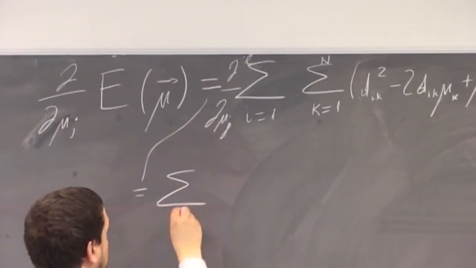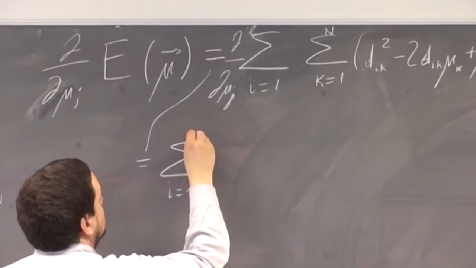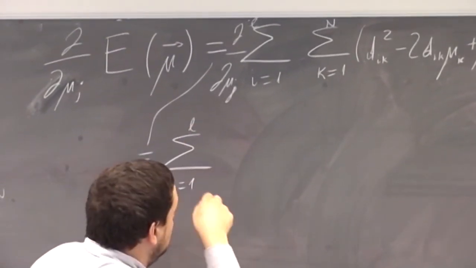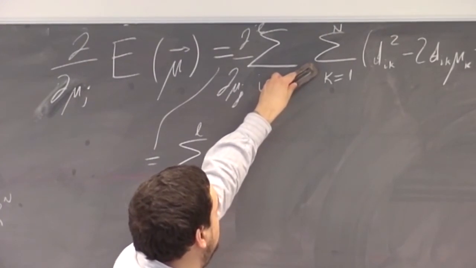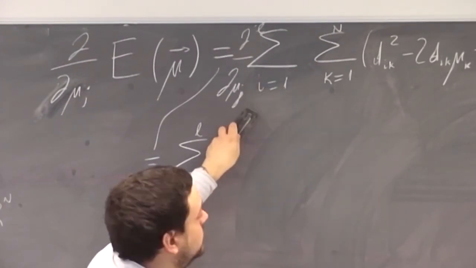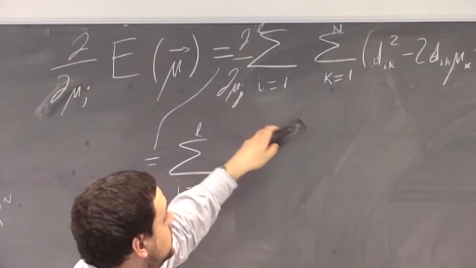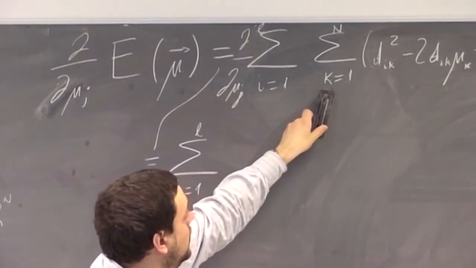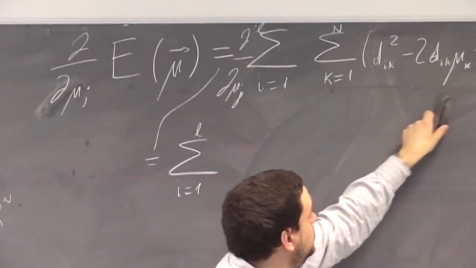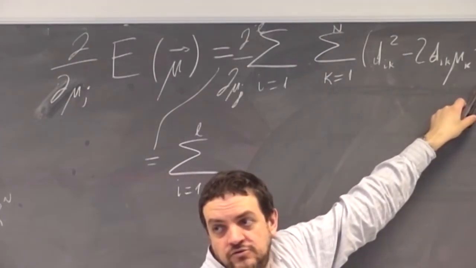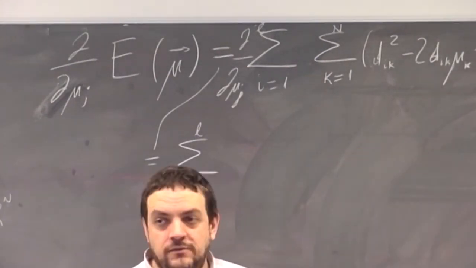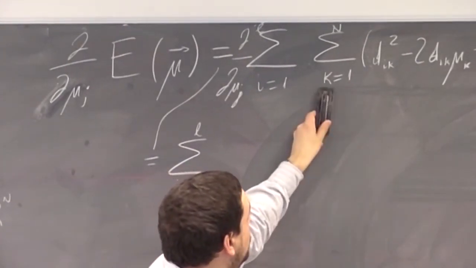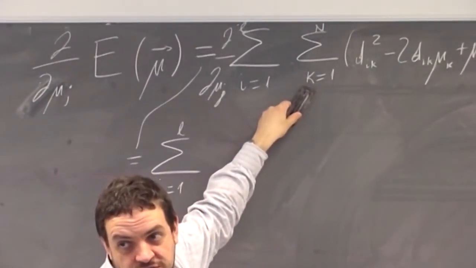the derivative is the sum for i going from 1 to L. Here we have a derivative with respect to mu_j. So all elements that do not contain mu_j contribute 0 to the derivative. The only element that does not contribute 0 is the one where k is equal to j.